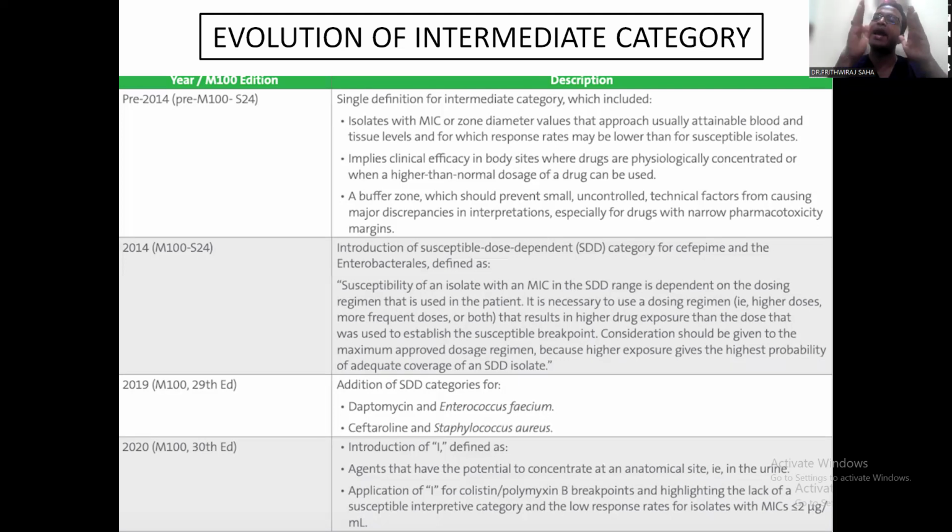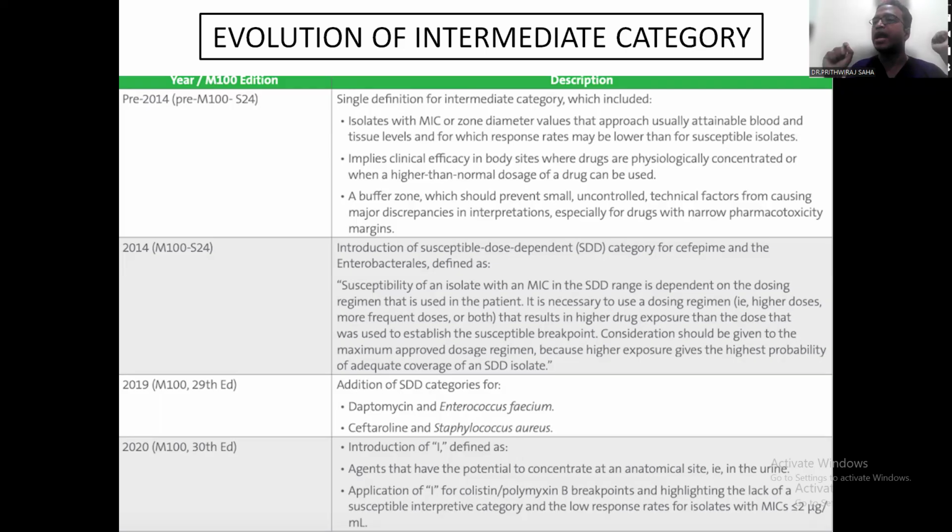So the susceptible category is totally susceptible and has a high treatment success rate. The resistant category has a very poor success rate, and there is treatment failure. The intermediate is the zone in between where you can increase the dose without increasing the toxicity and can achieve success which is less assured than the susceptible category, right?